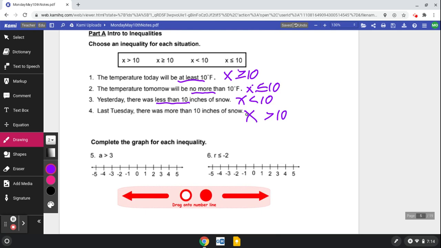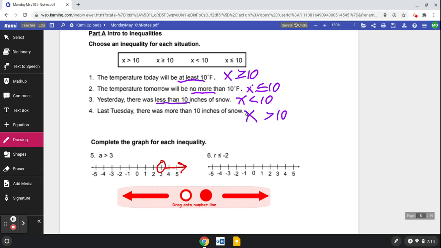Then we have graphing. We have a is greater than 3. I don't want to include 3 in my solution set, so we put an open circle, because 3 is not a possibility. Since a is greater than 3, we go in the direction the numbers are getting larger.